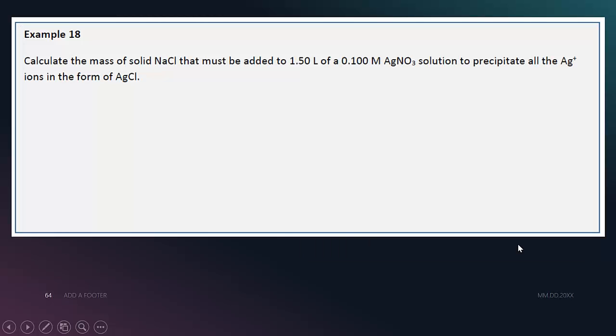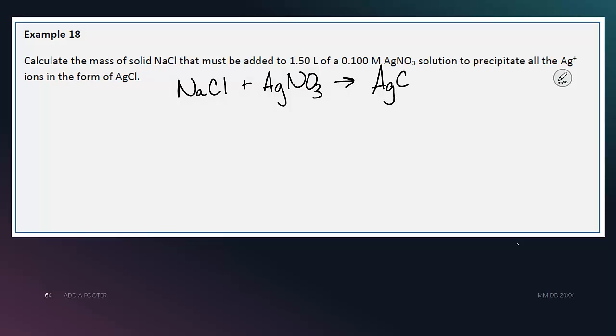So example 18 is an example of a precipitation reaction. Sodium chloride reacting with silver nitrate to precipitate out silver chloride. If we want to know how much sodium chloride to add to our silver nitrate to get all of the silver out of solution, we'll first write a precipitation reaction where silver nitrate reacts with sodium chloride to give us the insoluble salt silver chloride and the spectator ions of sodium nitrate.